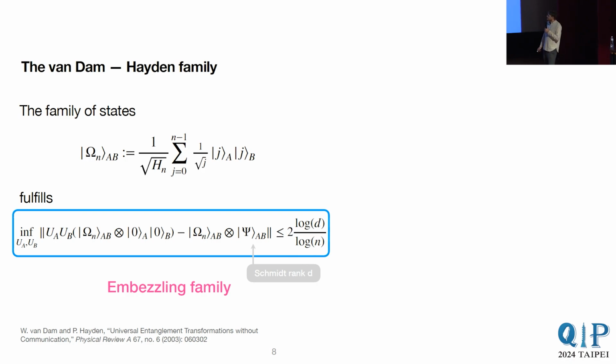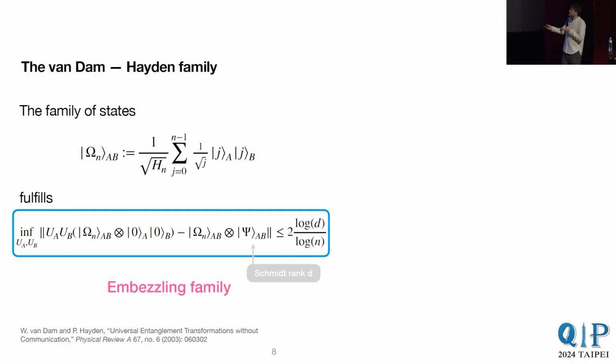They showed that if you take these resource states and you want to embezzle a state of Schmidt rank d, then you can do so with an error log d over log n. So if you fix d and you increase n, this error becomes arbitrarily small. Or in other words, you can really embezzle while making the probability to detect it arbitrarily small.